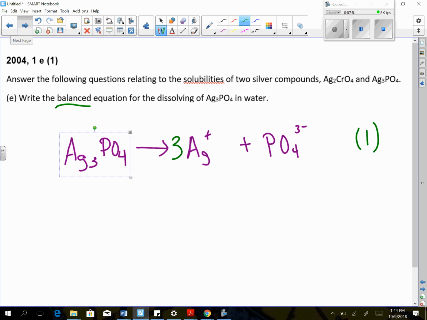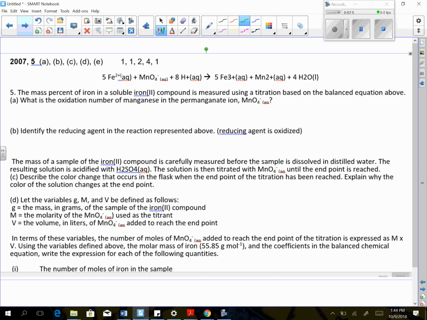Okay, moving on. 2007. In 2007, number 5 is a problem about the mass percent of iron in a soluble iron(II) compound, measured using a titration.